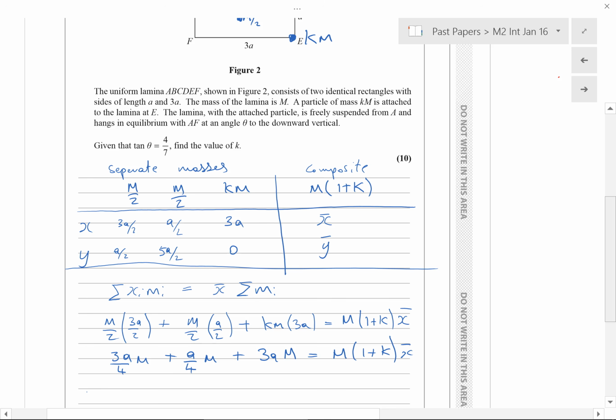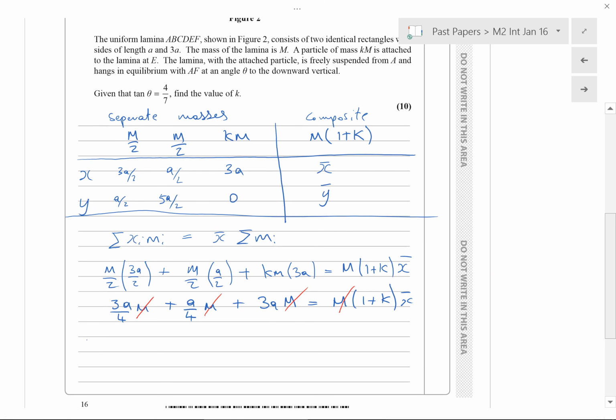We can easily see that m cancels, by the way, so might as well do that now. So if these two combined obviously just make a, we end up with, oh, I've left the k out there, so that makes a plus 3k over 1 plus k. Let's tidy it up a bit. X bar equals a times 1 plus 3k over 1 plus k. Okay, that's better.